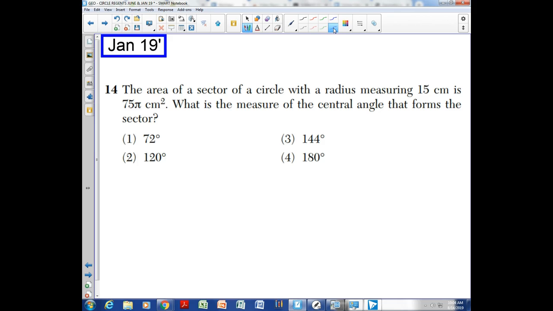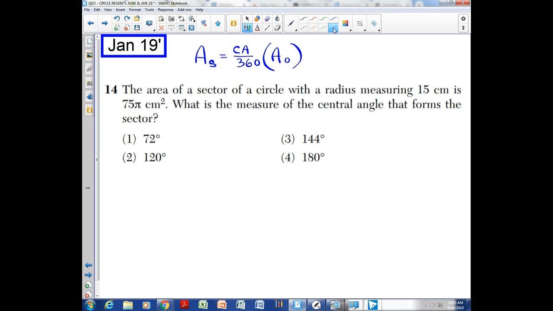So you might remember that the area of a sector is equal to the central angle out of 360 times the area of the whole entire circle. Remember, a sector is like a slice of the circle, like a slice of pizza, right? Formed by 2 radii and an arc. Well, I see that they're giving me the radius here.